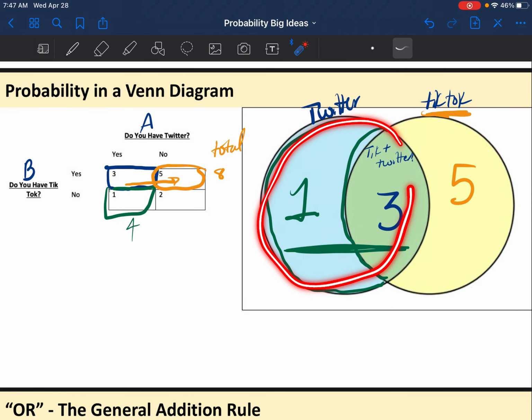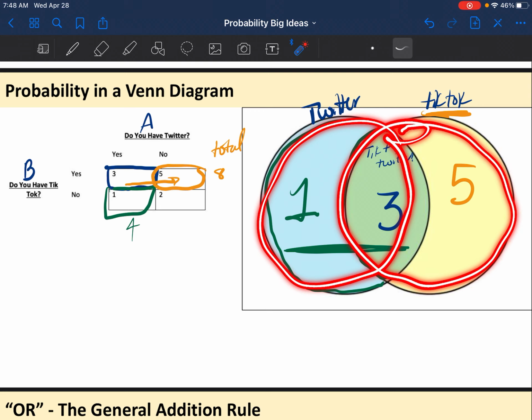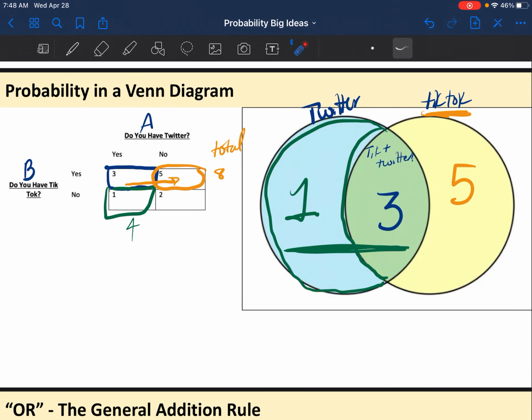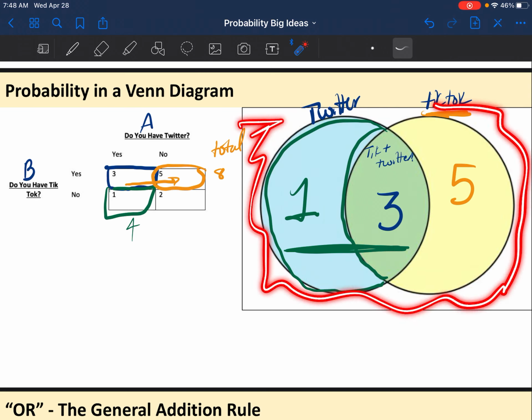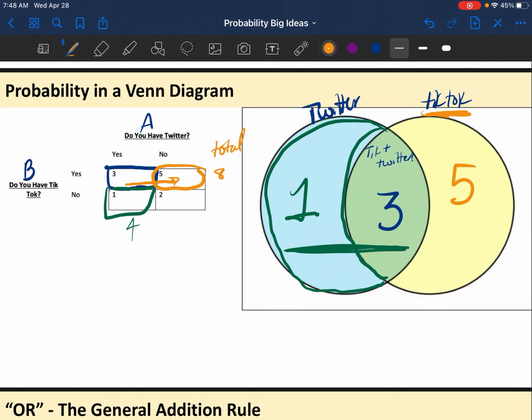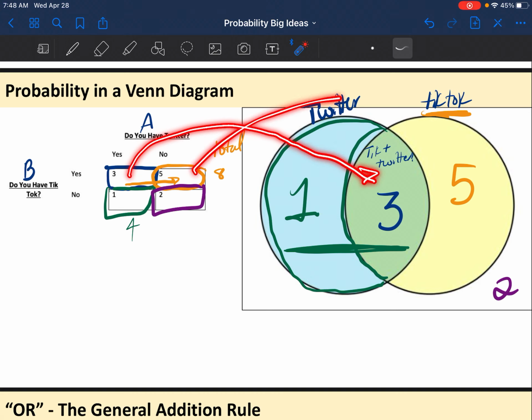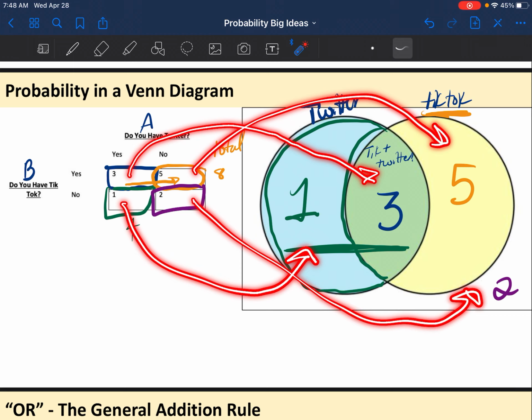If I know everything inside the circles represents yes, then everything outside the circle must represent no. So I can write that 2, because this 2 represents no out here. And now every box has been represented on our Venn diagram.